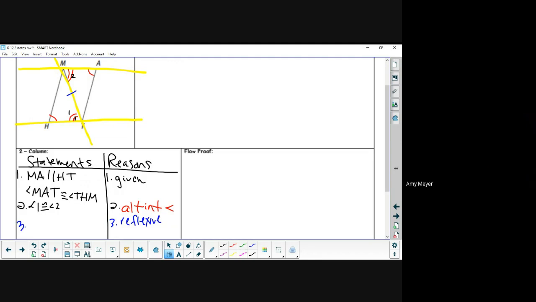You're asking yourself what side overlaps what side? Side MT of this triangle overlaps MT of that triangle. So simply MT congruent to MT.